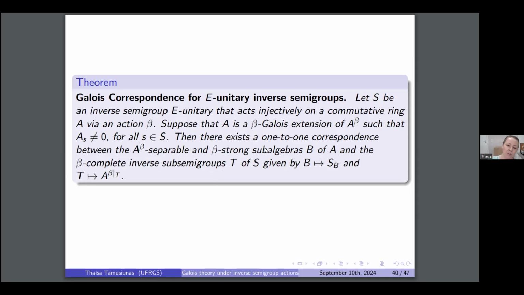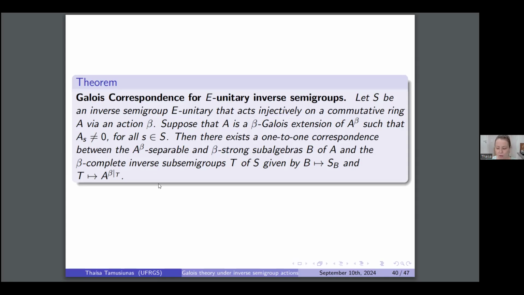In the orthogonal case, we are not considering all. They are associated with a maximality. And on the other side, the beta complete is a condition that, when we restrict to the orthogonal case, is exactly the same condition that appears there.